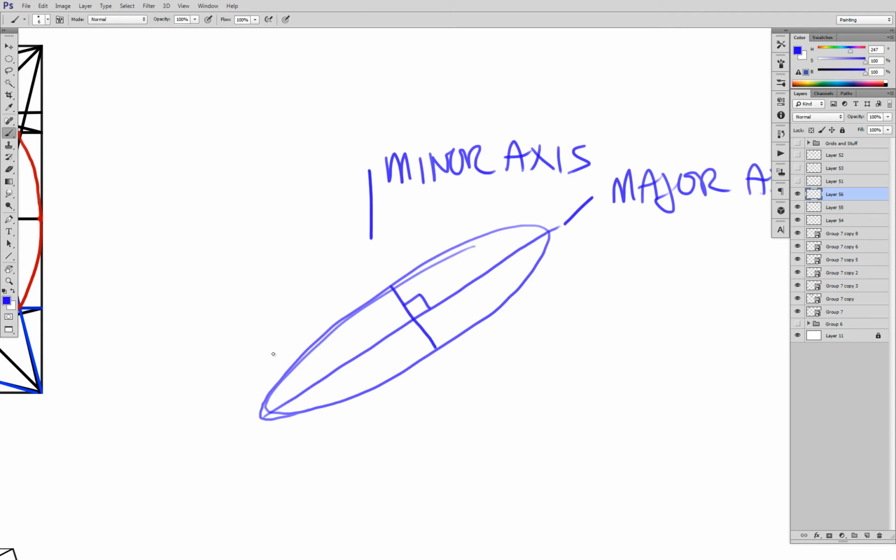But generally, if the wheel is going to look in perspective, then these major and minor axes are going to be at 90 degrees. And it's important to understand that they're not at 90 degrees in perspective. They're actually visually at 90 degrees. Two-dimensionally, they're at 90 degrees.